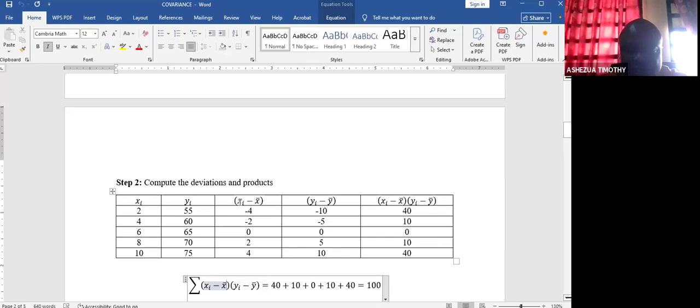The next thing you do is to find the deviation from the mean of x. It's simply taking 2 minus the mean. Note that x bar is 6 and y bar is 65. So you take 2 minus the mean, you have minus 4.